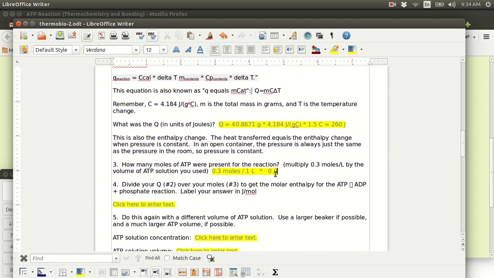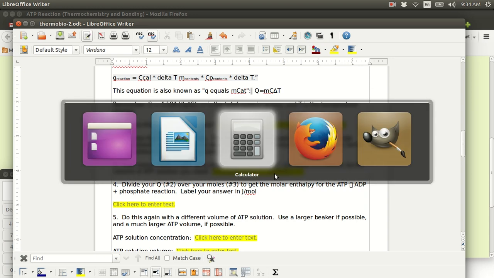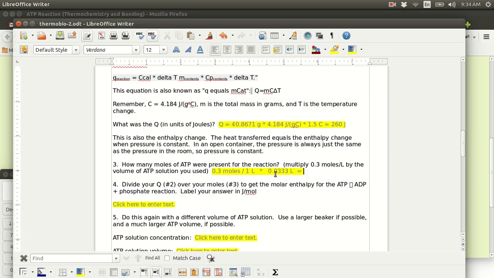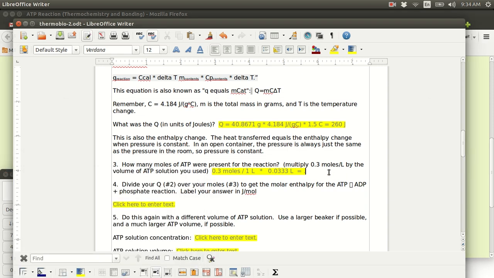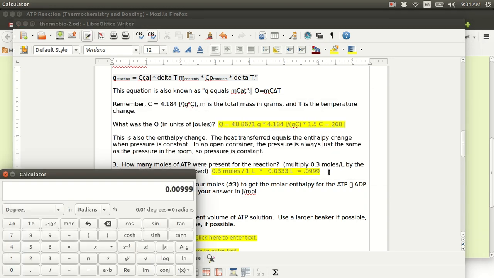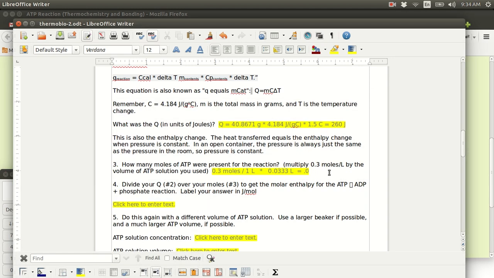This is 0.00333 liters. Multiply those together. Don't need a calculator for that. Maybe I do. So it's 0.3 times 0.0333. So that's 0.0999. Is that right? No, it's 0.00999 moles. Let me show you how I did that.